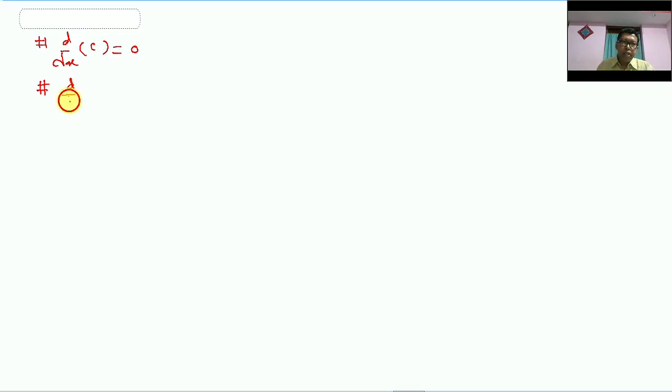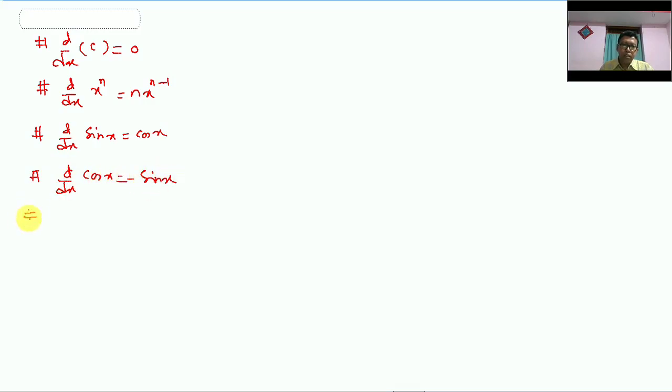Derivative of x to the power n is equal to n x to the power n minus 1. This is also taken from class 11 standard. d/dx of sin x is equal to cos x. Next, d/dx of cos x is equal to minus sin x.